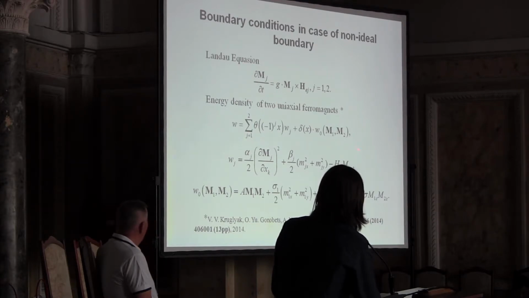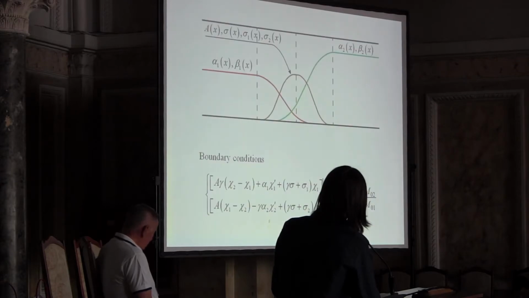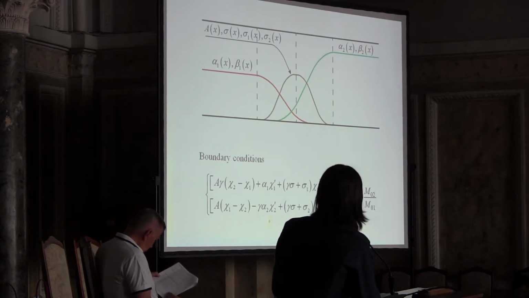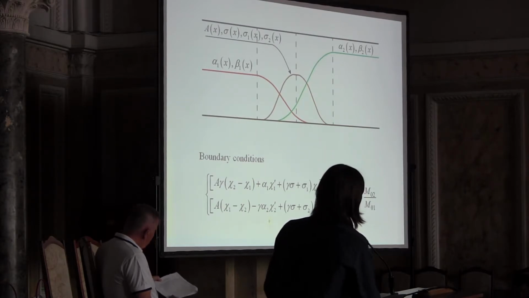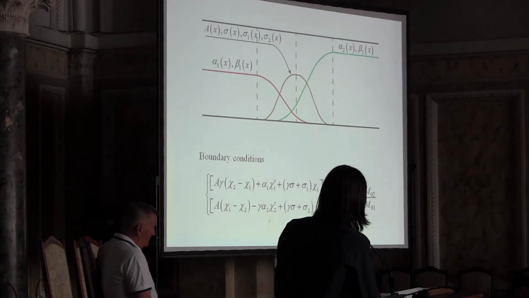The energy density was presented in such form, from which we obtained such boundary conditions, where A is the parameter of exchange interaction at the interface between two mediums, and sigma basically describes the inhomogeneity of uniaxial magnetic anisotropy.